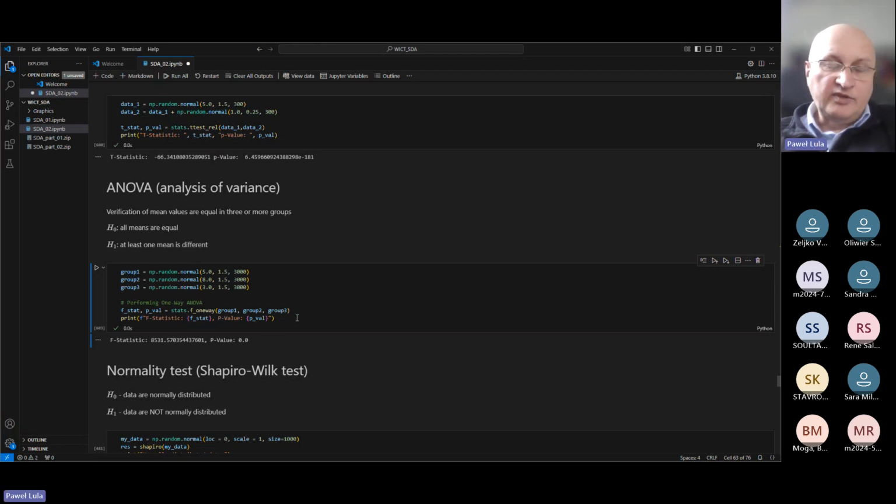And very often we have an assumption that data in the population should have normal distribution. It is a very popular assumption. And how to check it?